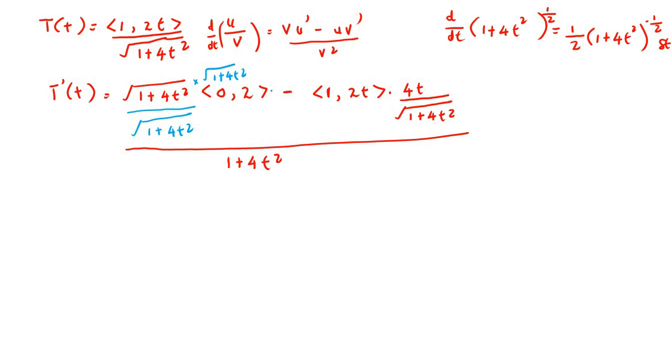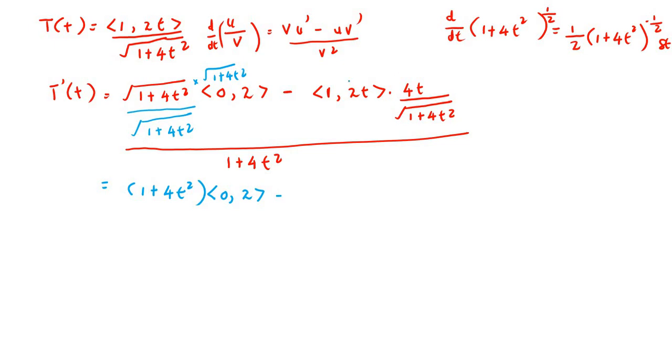Okay, now we can combine these two terms. How does it happen? 1 plus 4t squared times 1 plus 4t squared, so in total it is 1 plus 4t squared. The square root becomes power 1, multiplied with 0i plus 2j.